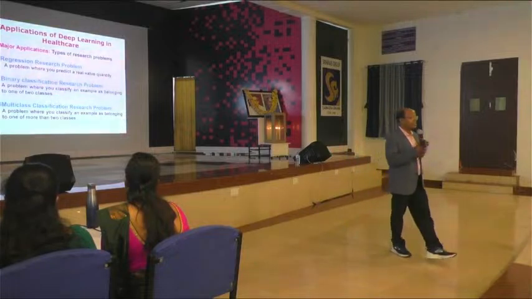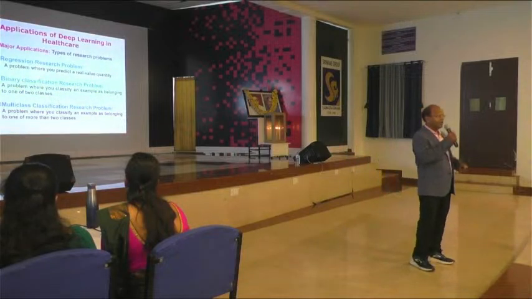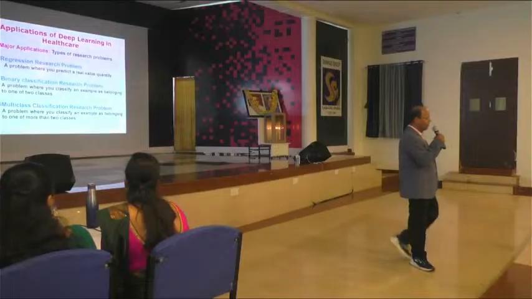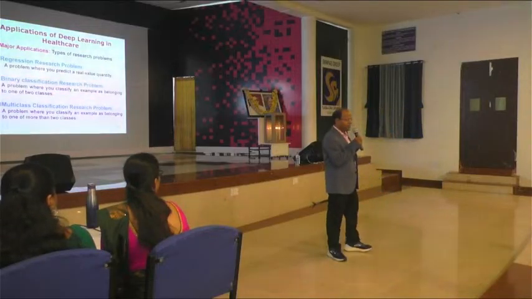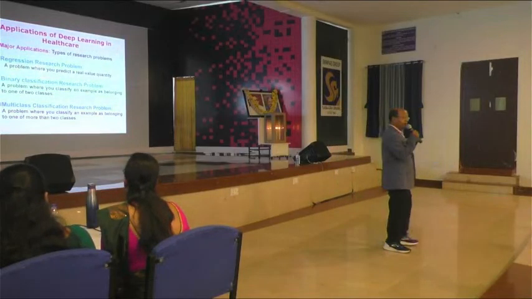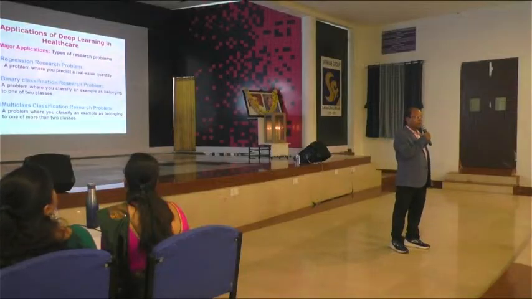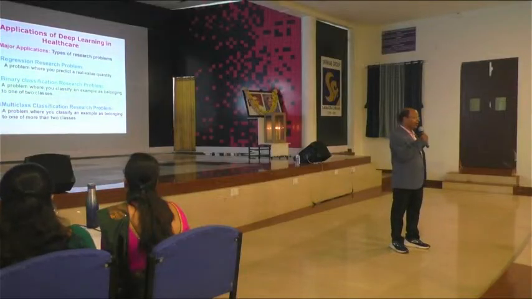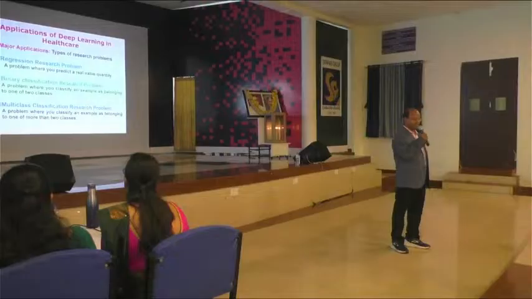Normally you will come up with either a regression task, in the sense that you'll be designing a model which will be predicting a real value quantity. What do you mean by real value quantity? The model is always giving you numbers. That's called the regression task.